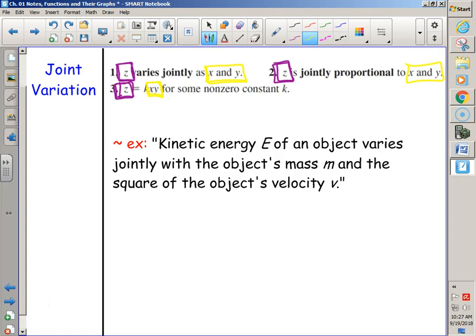Has anybody already identified who their Z is, or who their purple box is? Yeah, kinetic energy varies jointly with mass. But if you go straight to velocity, what will you have missed? Okay, the square of the object's velocity.